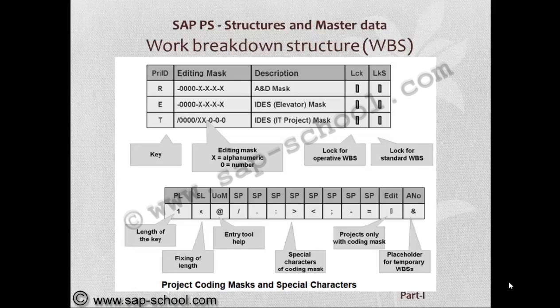Here X and O are specifying alphanumeric or numeric, and the flags for locking standard or operative structures, the length of the keys and fixing the length, special characters, and placeholders for temporary WBSs. So this is the customizing we need to do for project numbering.